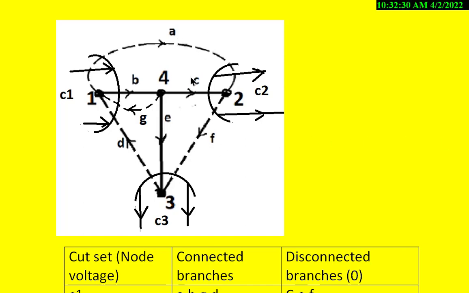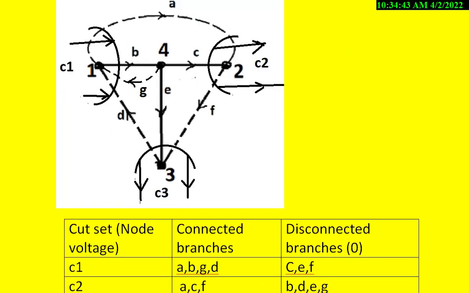A and C are approaching node 2, so these elements are going to get the negative sign, whereas the F branch is leaving from node 2, so it gets the plus sign. Similarly, at node 3 we get cut set 3. Here cut set 3 has 3 elements.